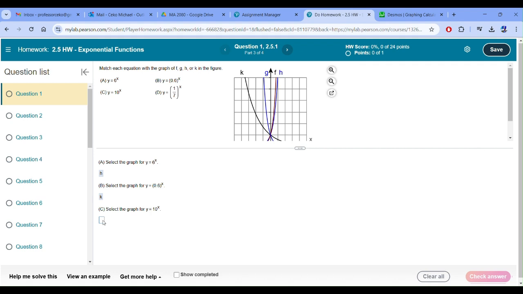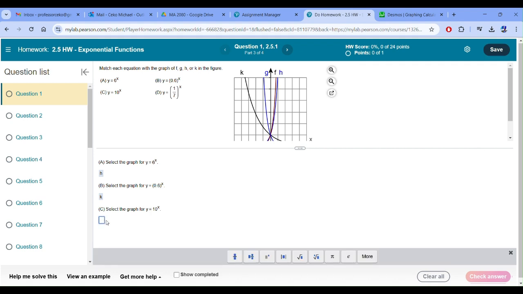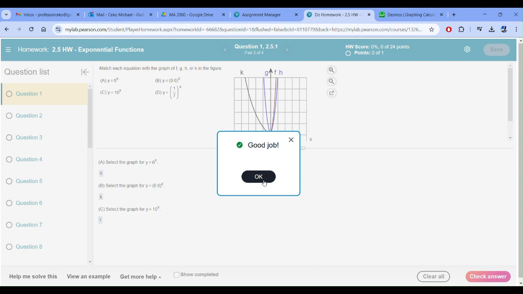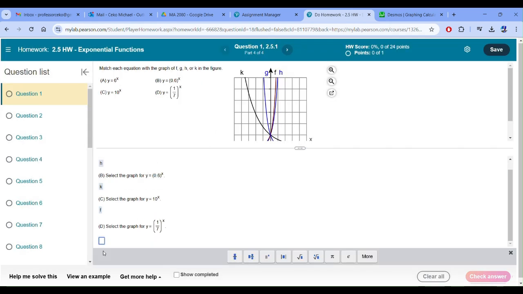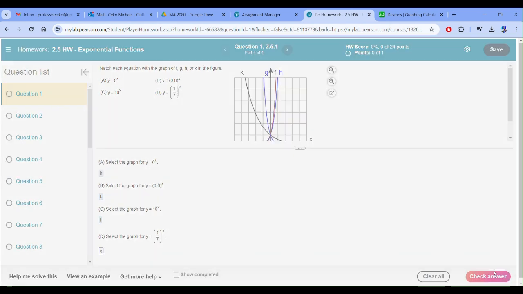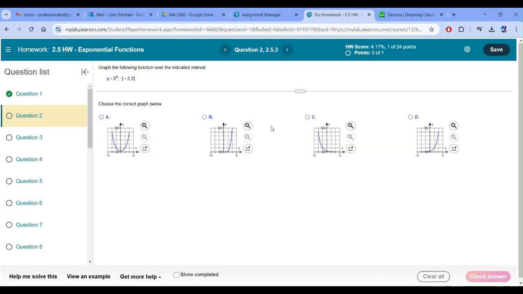Yep, it's right. 10 to the x is going to be the one that moves really fast. That should be F. And then the last one is going to be G. Yep, there we go. Okay.